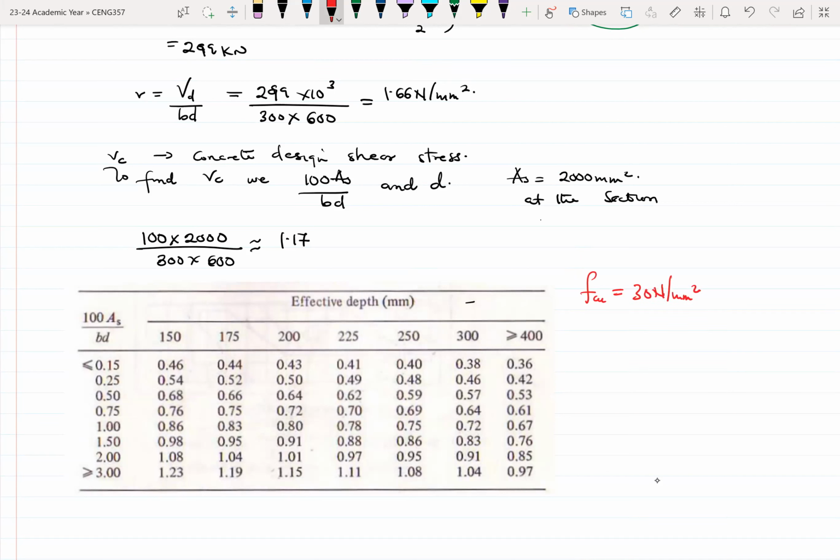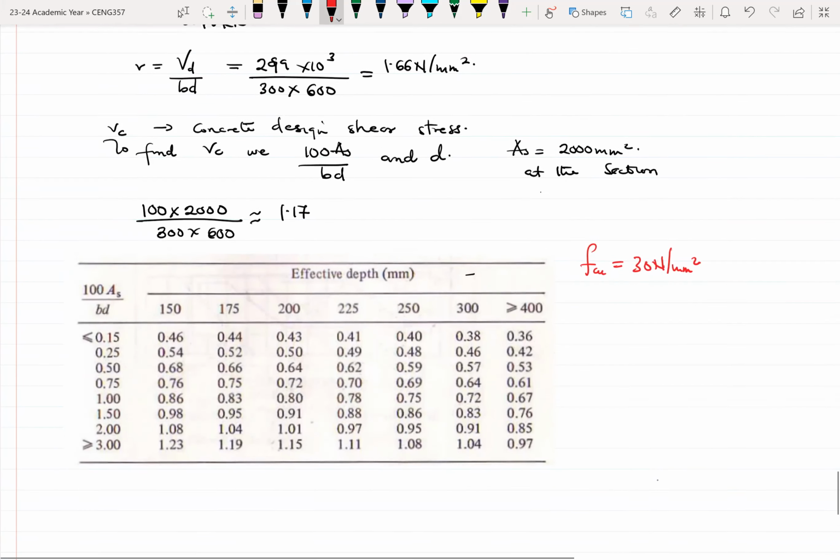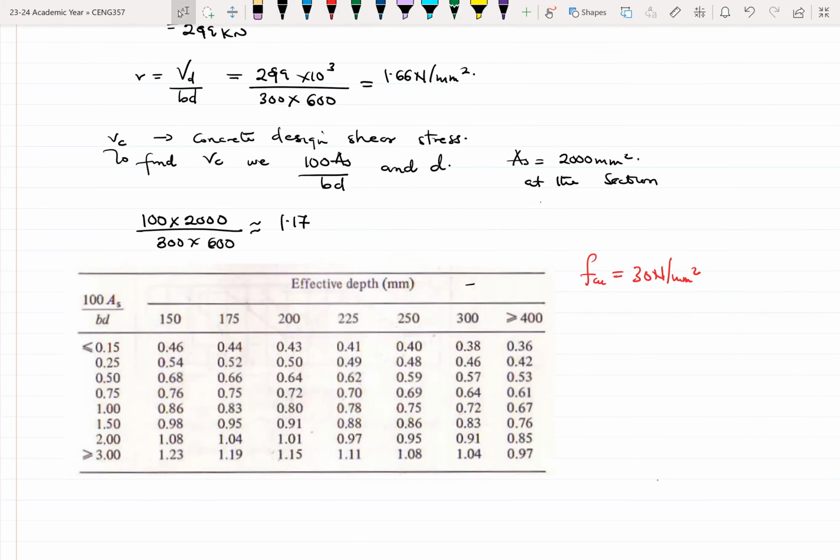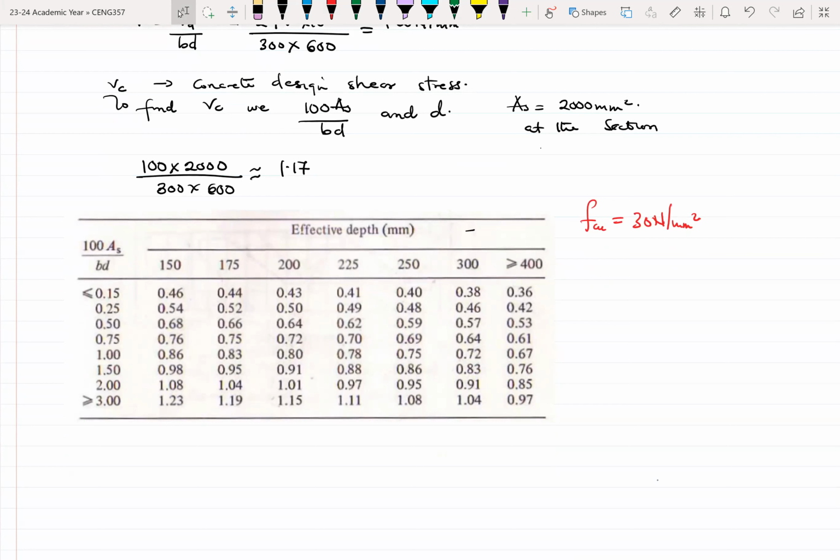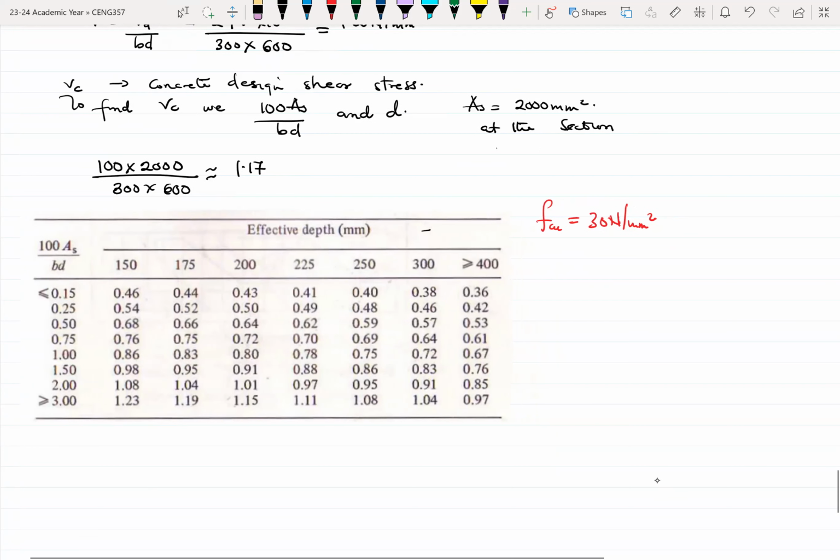For different FCUs, we'll have different tables with different values, all right? They are quite close and all of that, okay? So here, our 100 AS is somewhere in this space over here, because we got, sorry, we got 1.17. So we're actually between this here.